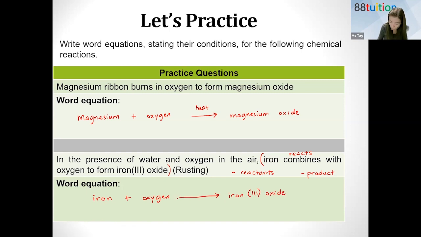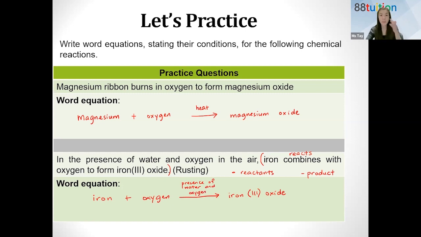So the condition required for this reaction to take place, it says presence of water and oxygen, right? Yes or no? So we can write down presence. Nothing wrong if you write down the whole thing of water and oxygen.